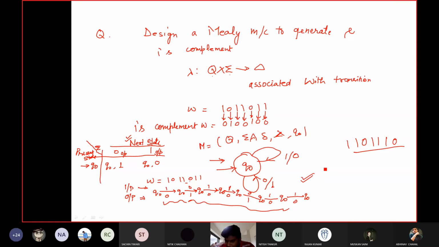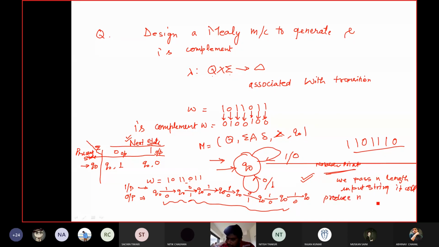So in case of the Mealy machine, there is a notable point. In case of a Mealy machine, when we pass an n length input string, then it will produce an n length output string.